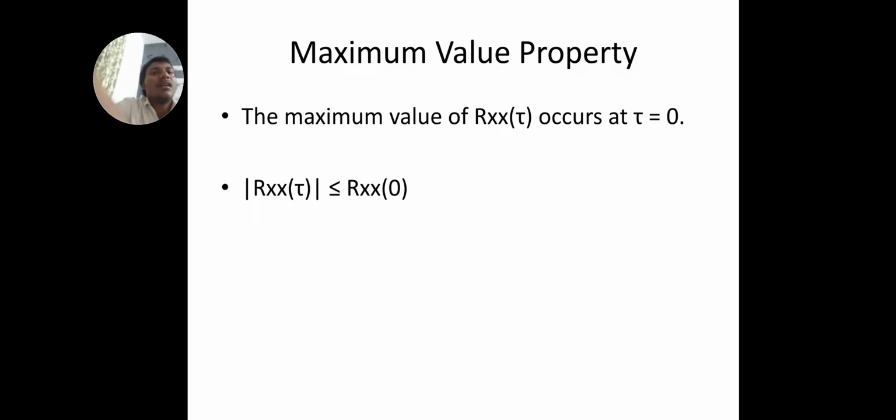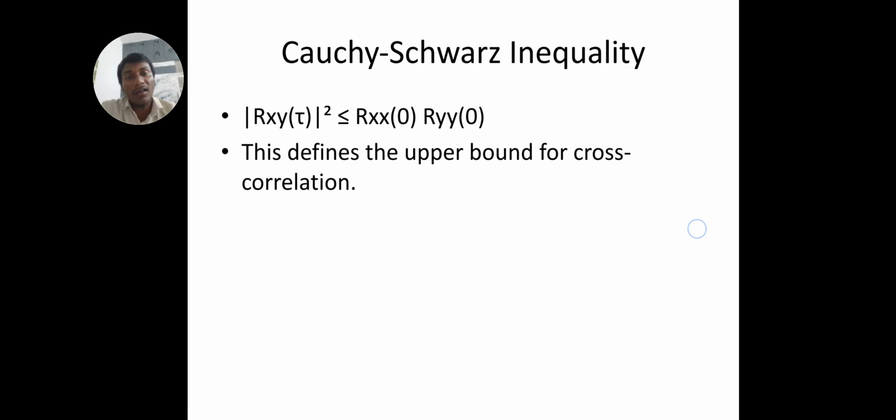Rxx of tau is less than or equal to Rxx of 0. The majority of the signal's energy, its average, lies at the origin.